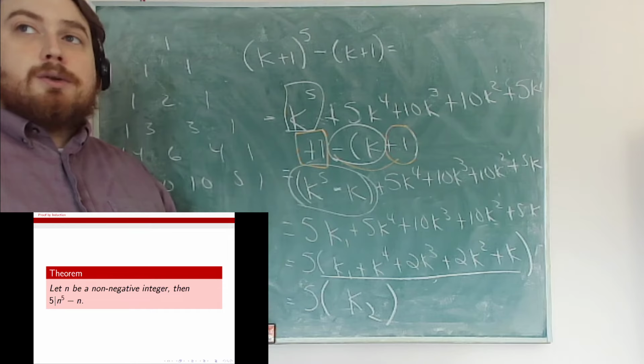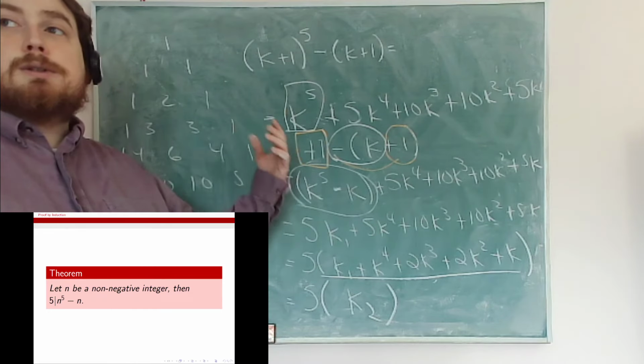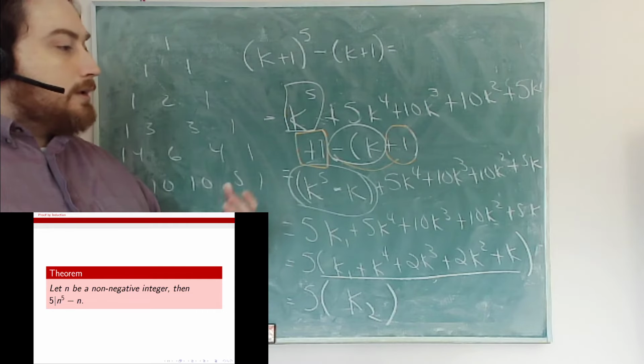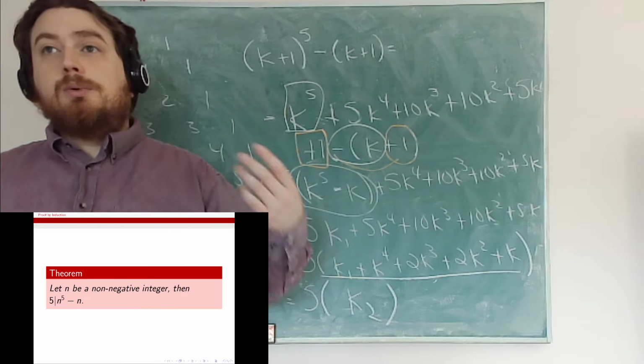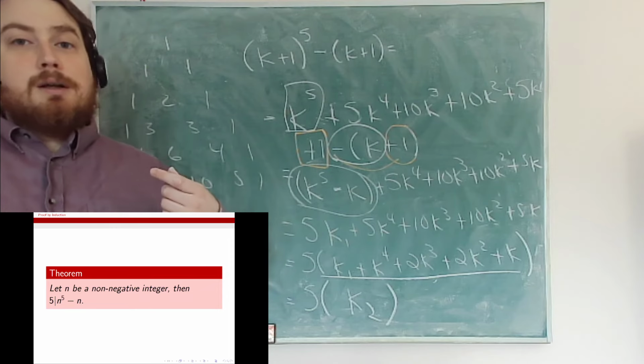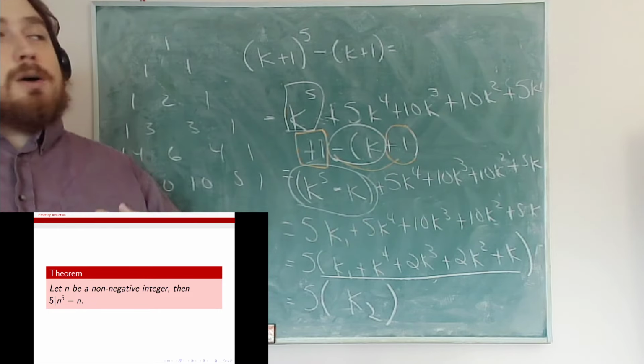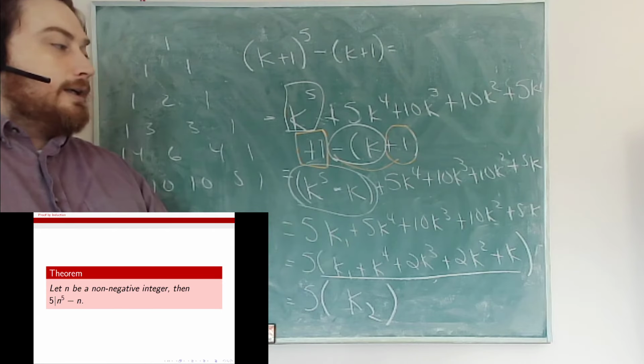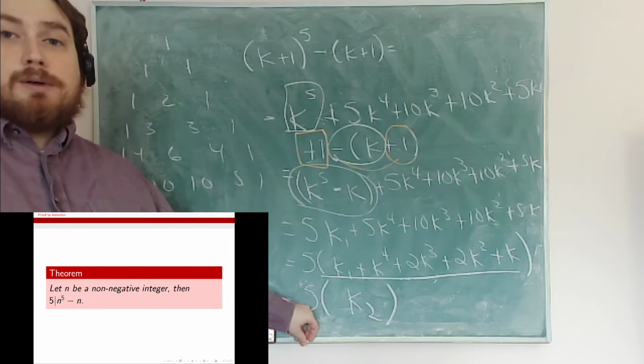So what we get is that our theorem is now true. We've shown it's true for 0. We know that if it's true for k, it's true for k plus 1. So 0 implies 1, implies 2, implies 3, implies 4, implies 5. And therefore we get this is true for all natural numbers. So k to the fifth minus k is indeed always divisible by 5.